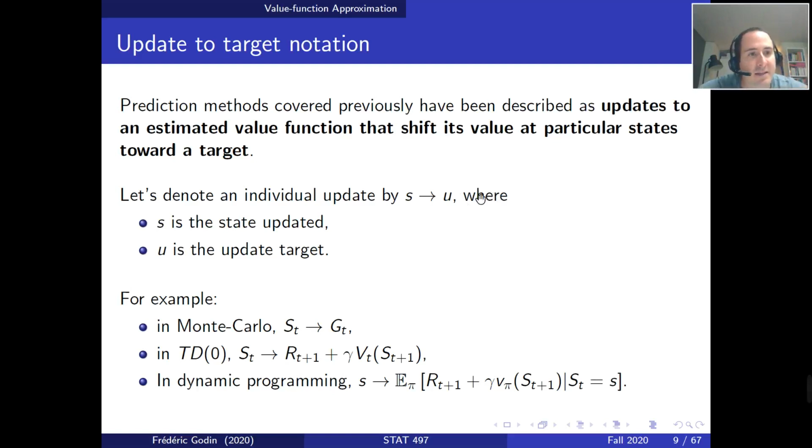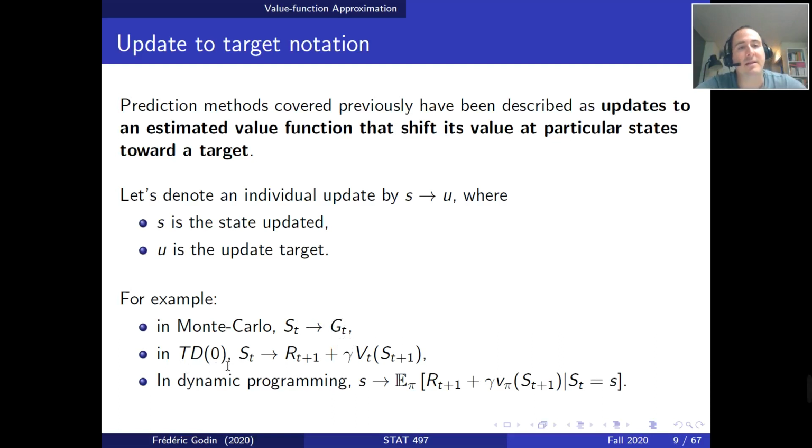What were the targets? For Monte Carlo algorithms, the target was the full return of the episode. Okay, so in Monte Carlo settings, whenever facing a state S_t at time t, we modified its value incrementally in the direction of the return at time t.